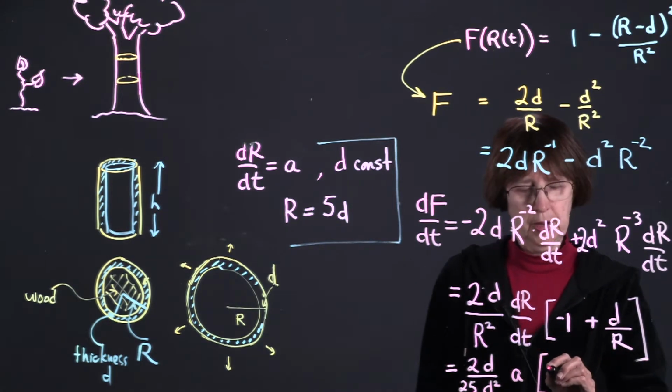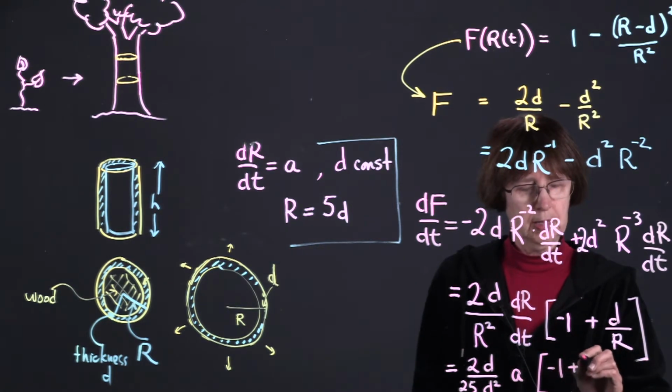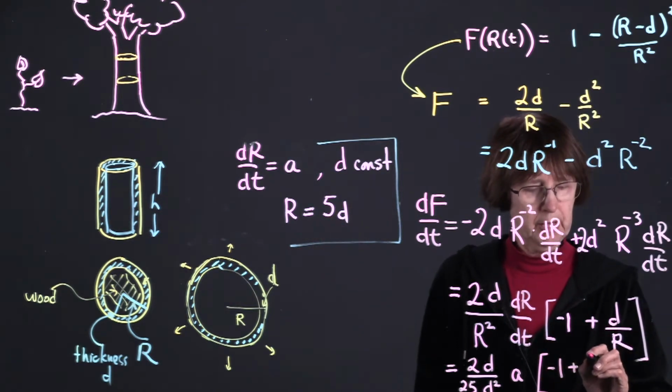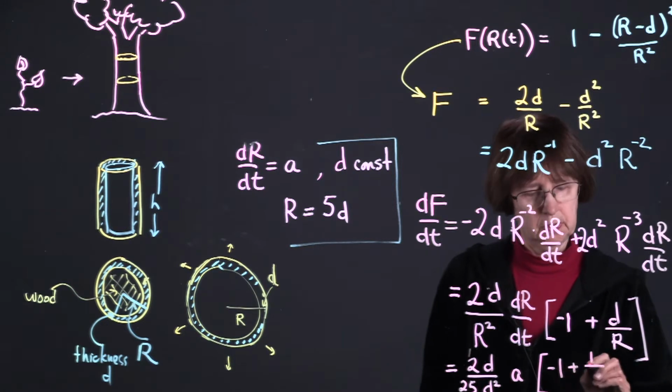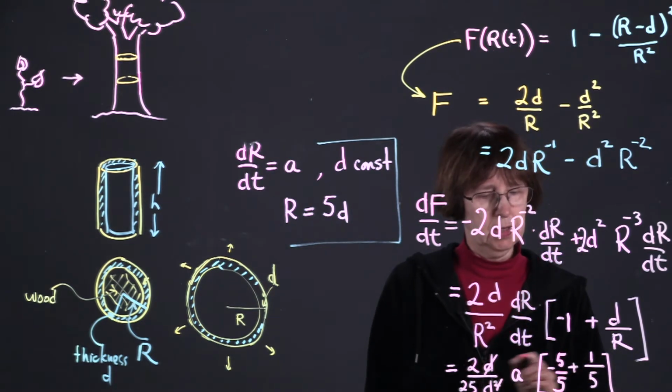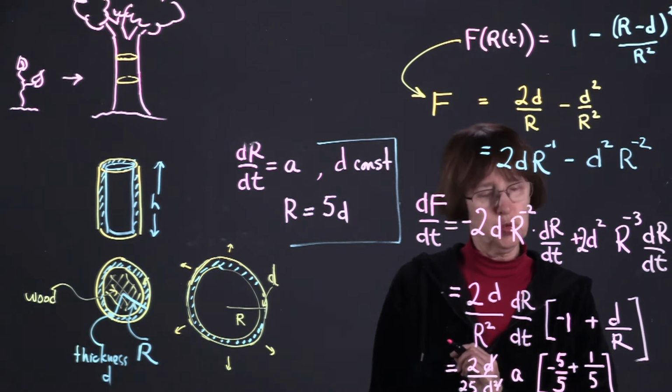And here we've got a negative 1 plus d over 5d. Remember, we were using this information, so this reduces to 1 over 5. We can rewrite this as minus 5 over 5. So altogether, the term in square brackets will be negative 4/5.